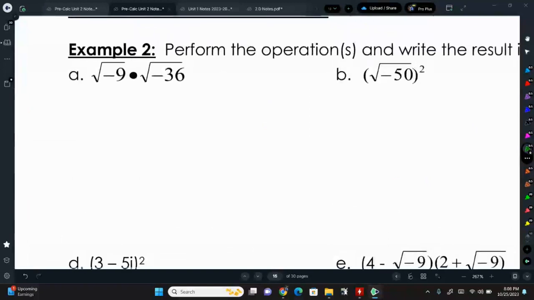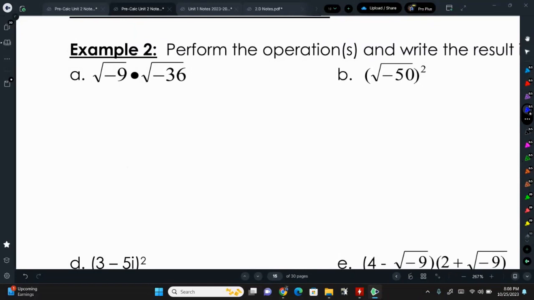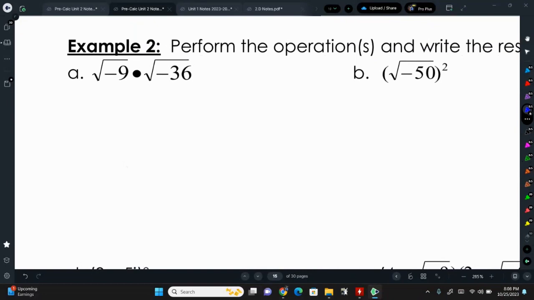So down here we're going to multiply complex numbers. You can do this one of two ways. You can multiply first and then deal with the radicals, or deal with the radicals and then multiply later. Because these are perfect squares, and because I'm trying to not use a calculator, I'm going to simplify the radicals first.